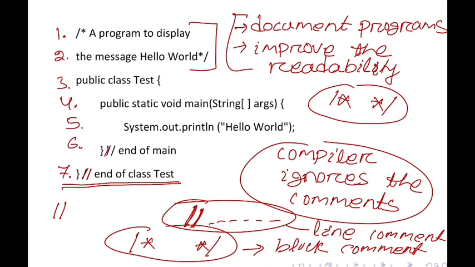Similarly in line number 6 you can find the single line comment, and in line number 1 and 2 you can find the block comment, that is a program to display the message hello world, written inside slash star and star slash. So it is a block comment, and line number 6 contains a line comment and line number 7 contains a single line comment.